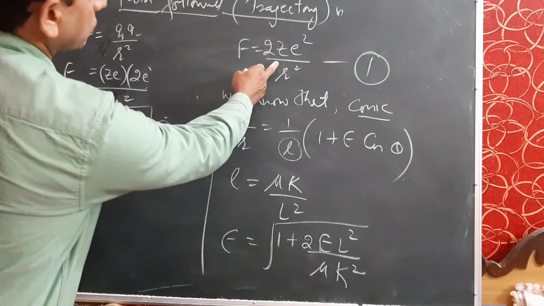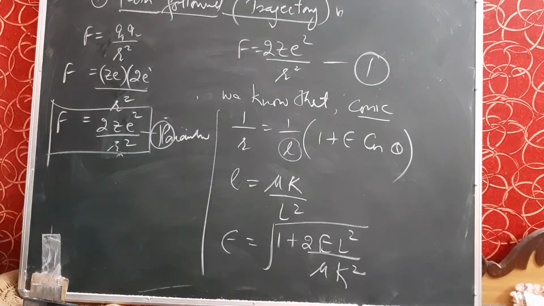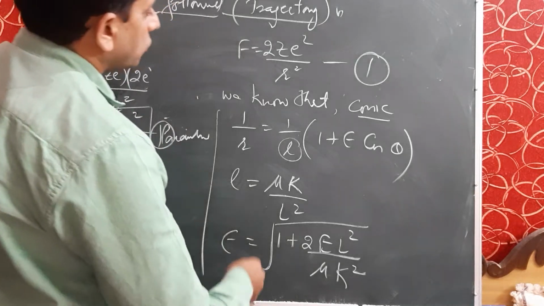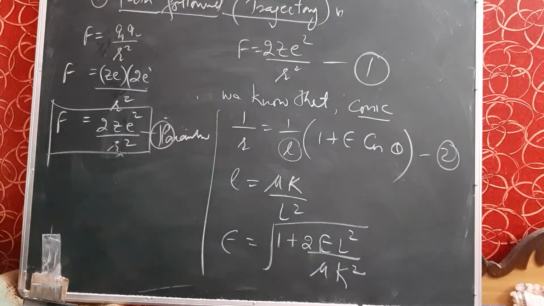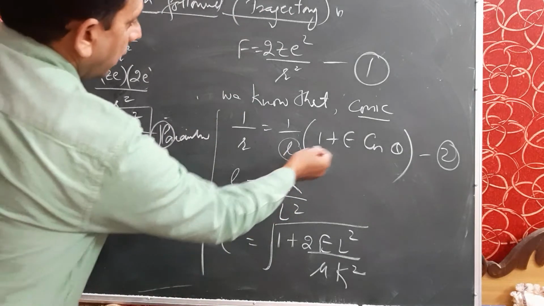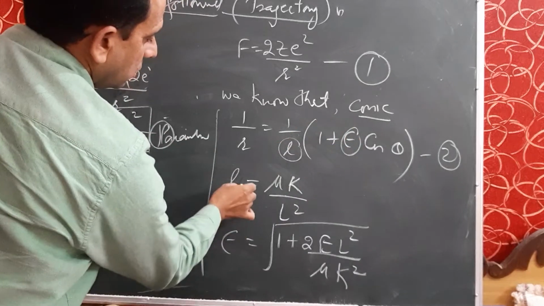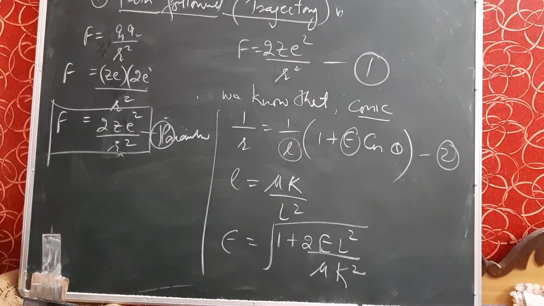So the first equation is the equation of force, that is the Coulomb force or inverse square force, and the second is the equation of the conic. These are the values for L and epsilon. But our purpose is to prove that the path followed by the alpha particle is a hyperbolic path. So we have to prove epsilon is greater than 1.